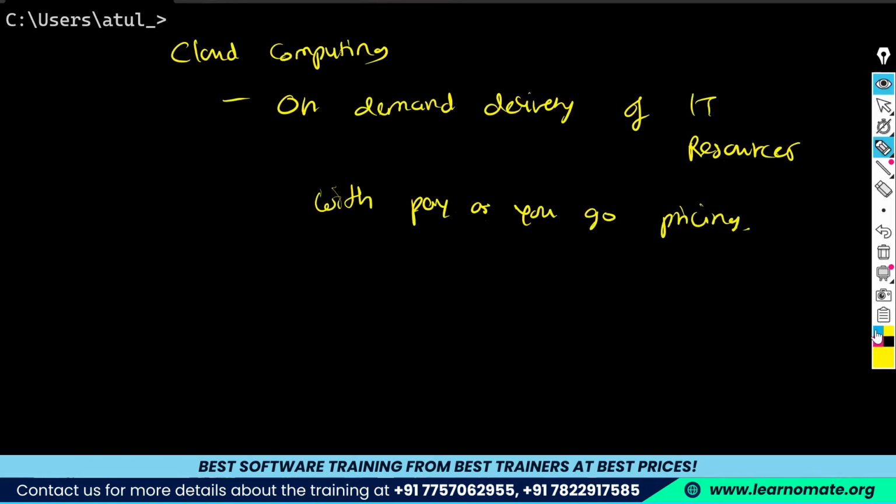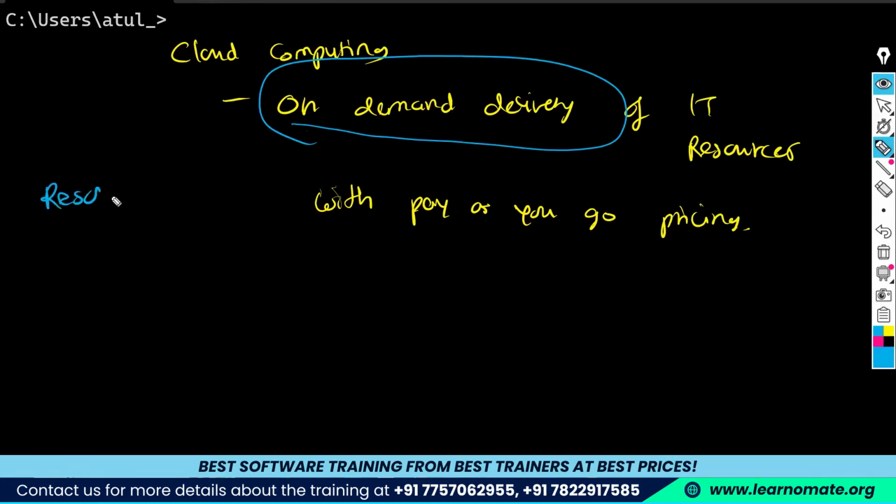So here, every word is important. When we are talking about on-demand delivery, you can have resources. Now, when I'm talking about resources, a resource is a single entity which is present in your AWS console.